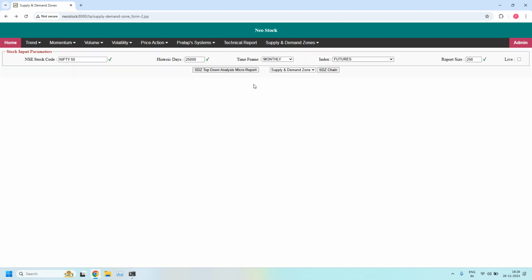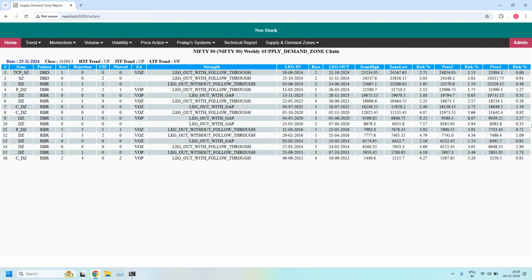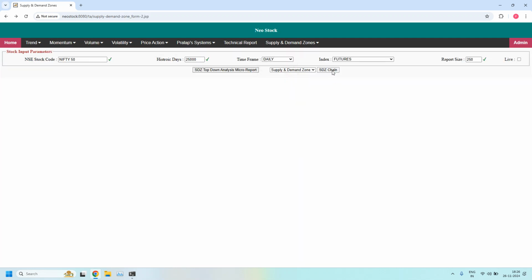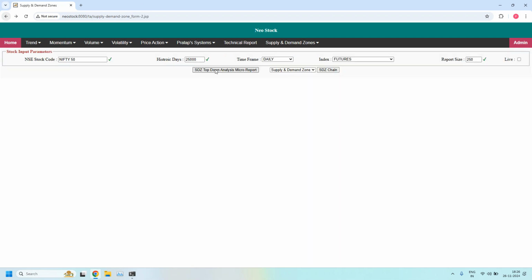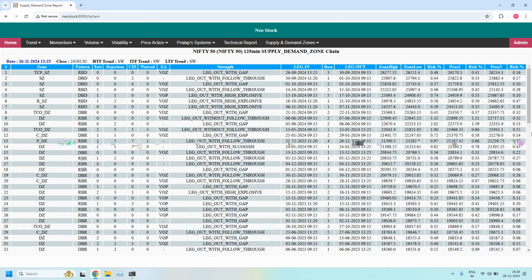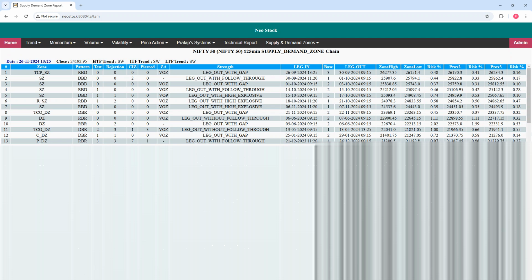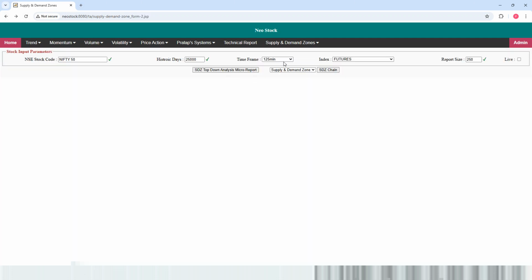Okay, next, weekly supply demand zone chain for NIFTY. Next, daily supply demand zone chain for NIFTY. Next, 125 minutes supply demand zone chain for NIFTY. Next, 75 minutes supply demand zone chain for NIFTY.